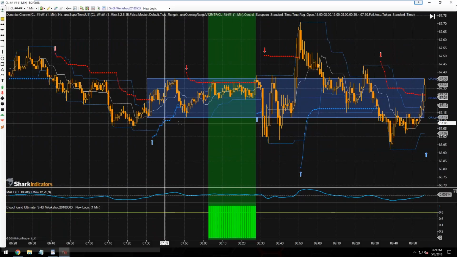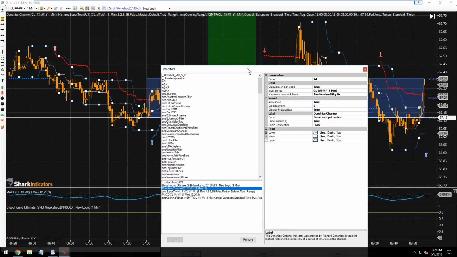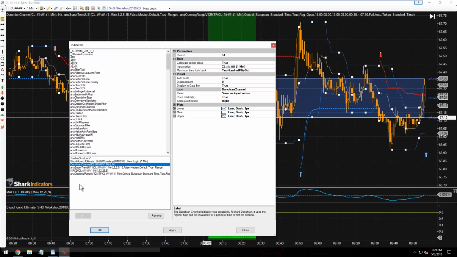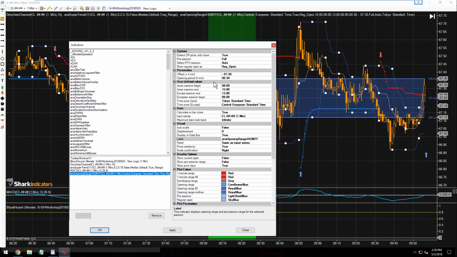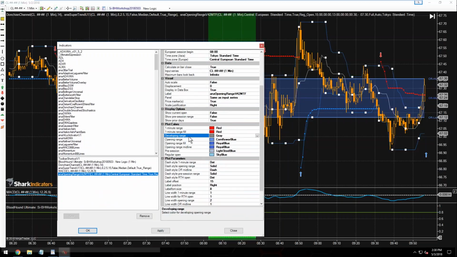I wonder if this indicator will plot the range duration, the opening period. Let's see if it'll plot the opening period. Oh, developing range. Maybe that's it. How about if we set that to white?